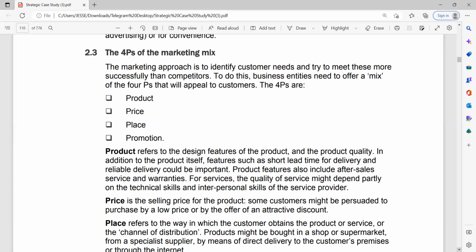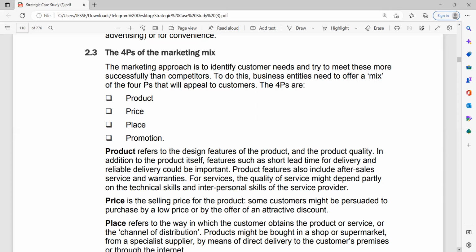So first of all, the company will need a product. A product comes in a package. So we are looking at the features of the product, the product's quality, the benefits of the product, the after-sales service, stuff like that. So product refers to the design features of the product and the product quality.